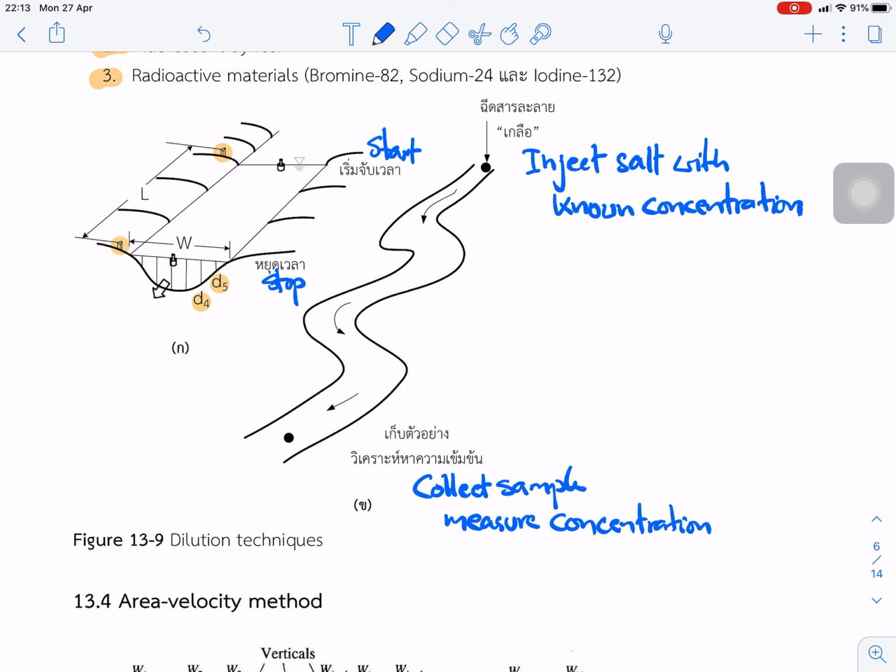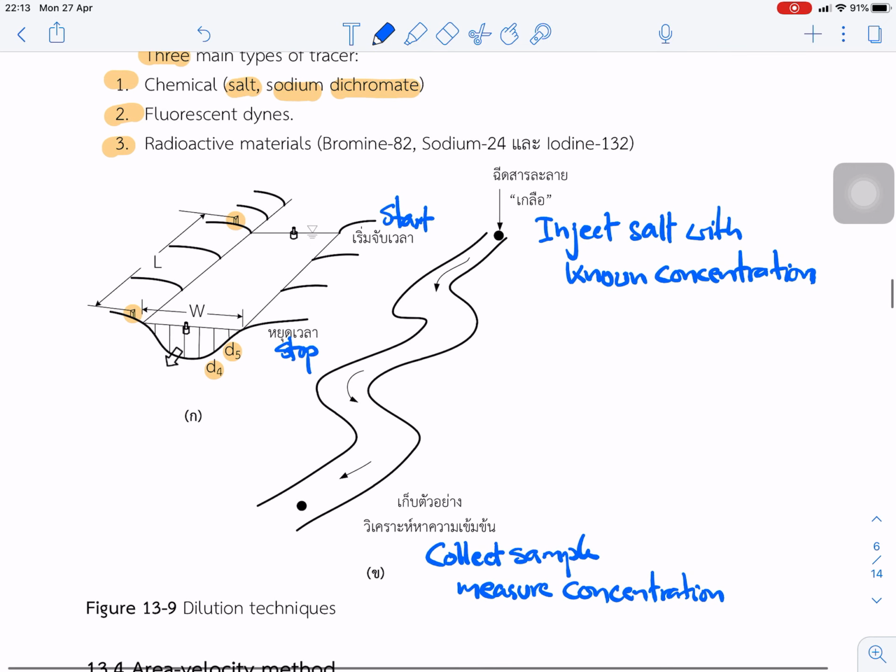From the rate of the source of tracer, and the length from the upstream to downstream, we can convert back to the stream flow based on this method.